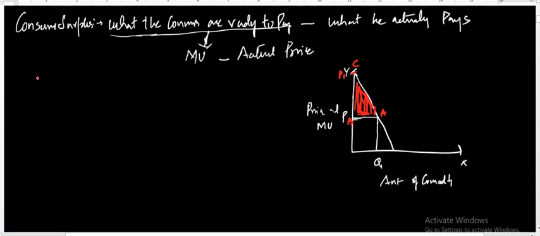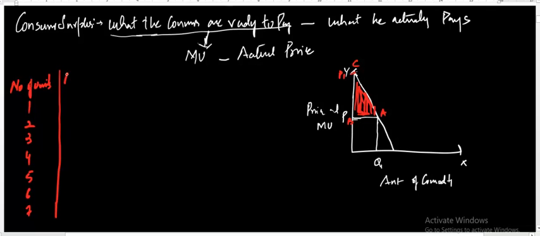To make it more explanatory, let me make a table with the number of units. They are like 1, 2, 3, 4, 5, 6 and 7. Now let me put up the marginality.